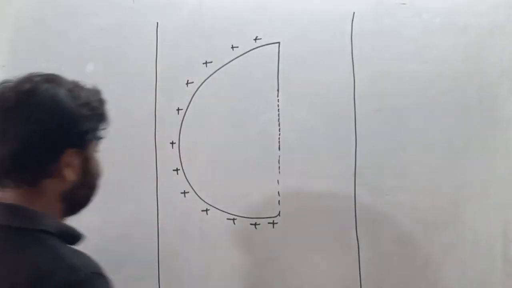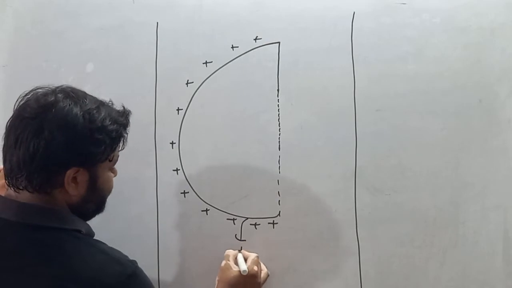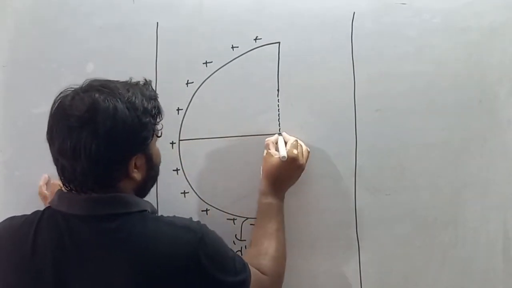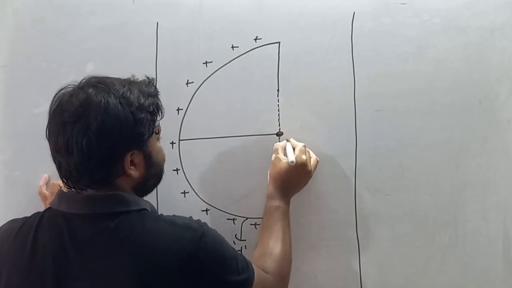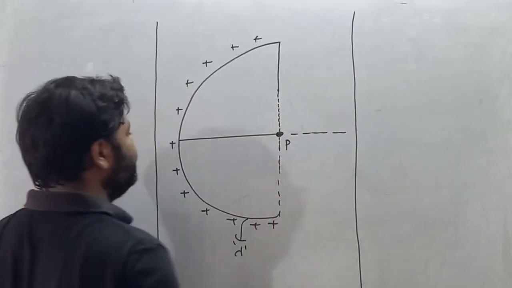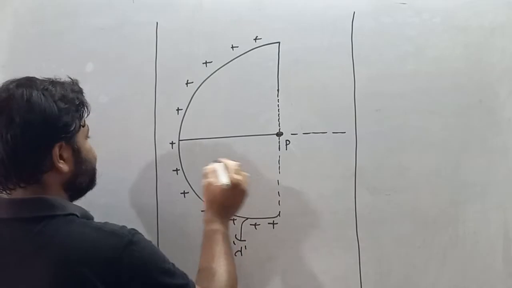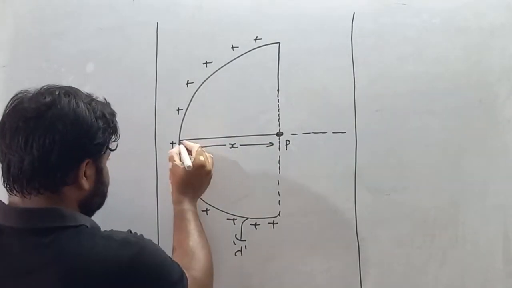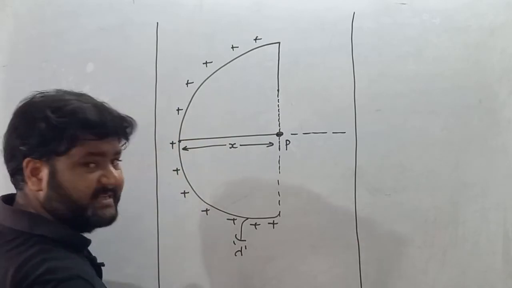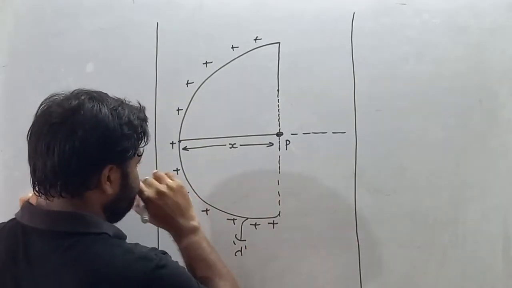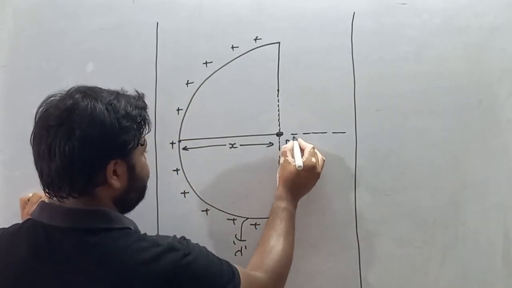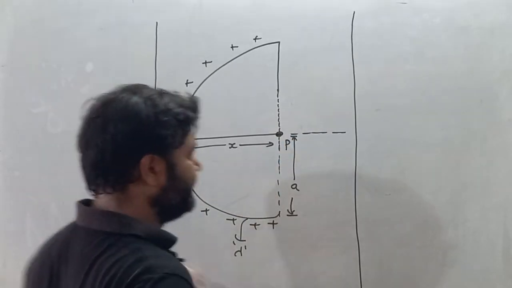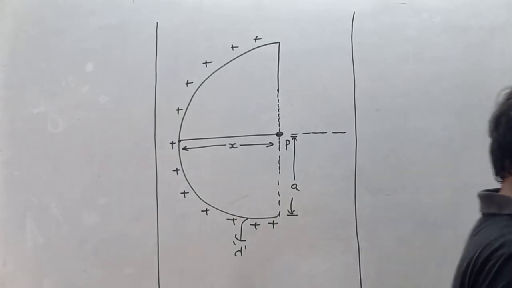So the physical parameter is length, so linear charge density is lambda, and we wish to find the electric field at this point P, which is, let's say, x distance apart from the circumference of the ring, and let's suppose the radius of this semicircular arc is a.